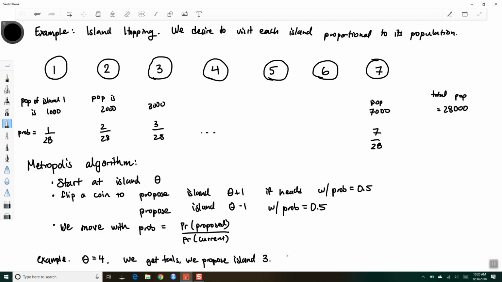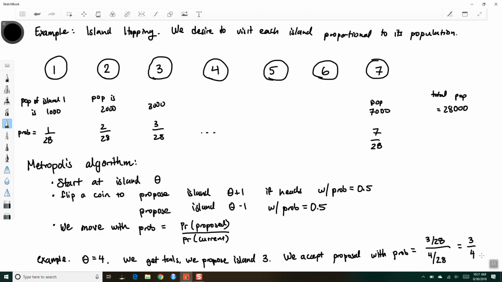Okay, so we accept the proposal with probability equal to what? 3 over 28, because that's the probability of the island we proposed, divided by the probability of our current island, 4 over 28, which is just equal to 3/4.